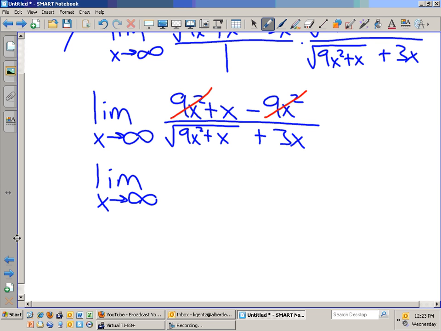My largest term is x, because if you take the square root of x squared, you get x. So I will do 1 over x times x over 1 over x times the square root of 9x squared plus x plus 3x.